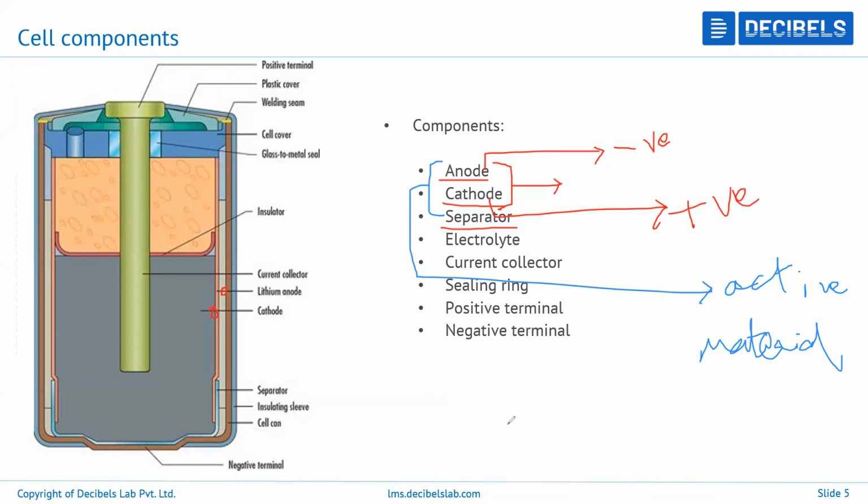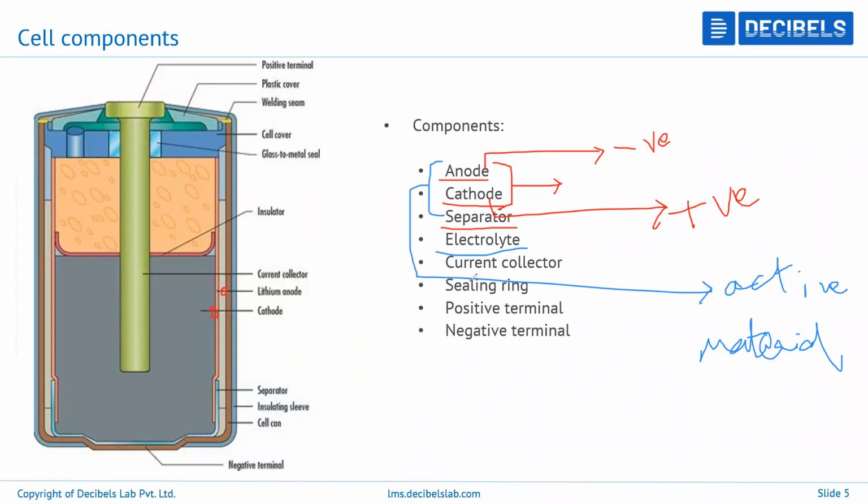The reactions that occur within the cell release some amount of ions, and these ions flow between the cathode and the anode, and also from the anode to the cathode. For that purpose, you need a conducting medium, and that conducting medium is the electrolyte. The electrolyte does not participate in the reactions, or has only minimal participation, and its function is to allow the ions to flow without any resistance, disturbance or hindrance.